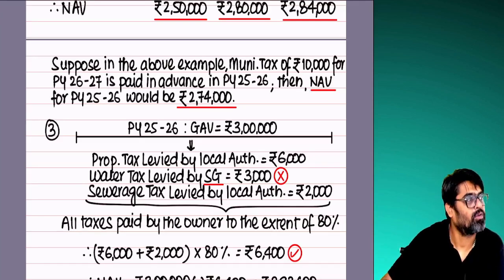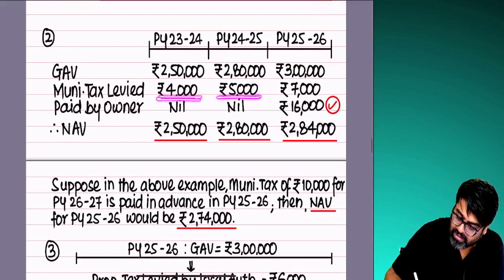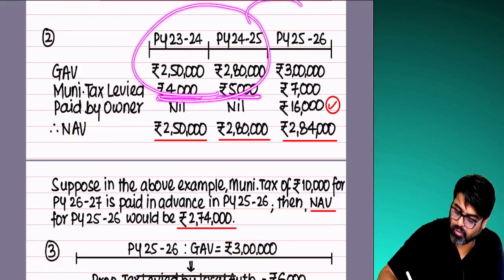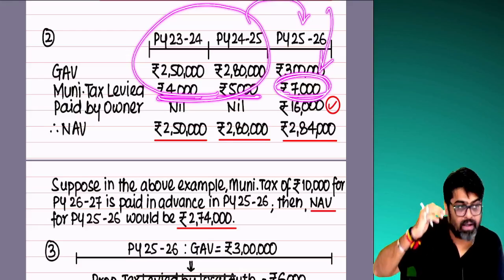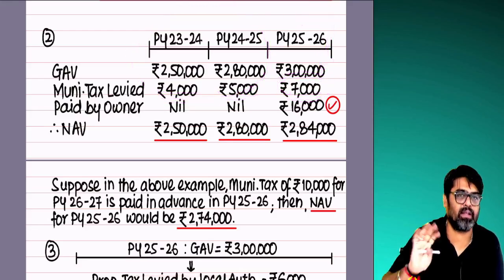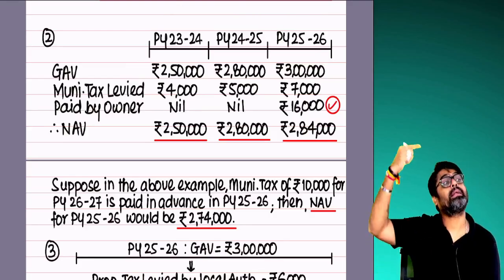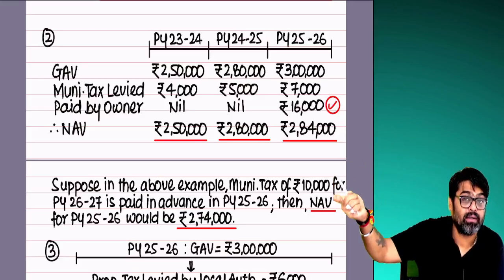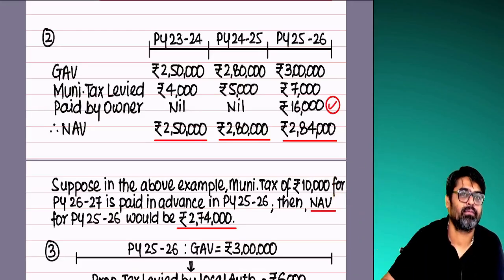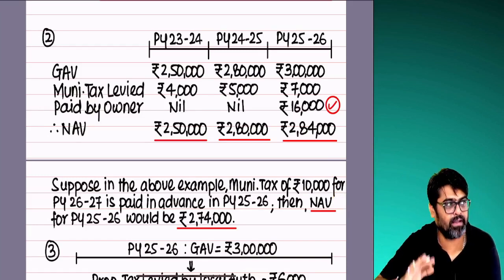So now tell me, 4,000 and 5,000 of the earlier 2 years you paid in this year. 7,000 of this year you have paid in this year. So total 16,000 you have paid in this year. Now along with this, 10,000 which belongs to the next year is also paid in this year. So how much total municipal tax have you paid in this year?